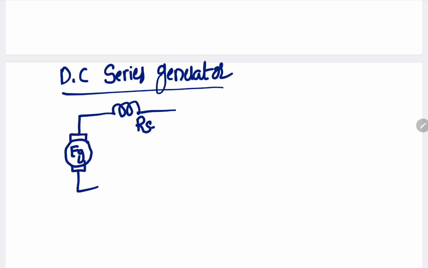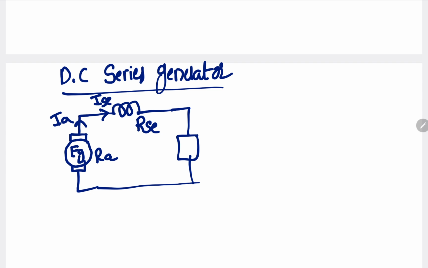This is a series field winding, and here we have the load. Armature winding, field winding and load, all three are connected in series. The armature winding resistance is Ra, this current is Ia, this is ISE, the series field winding current, and this is load current IL. Current is entering at the top, so the top is positive and here negative.